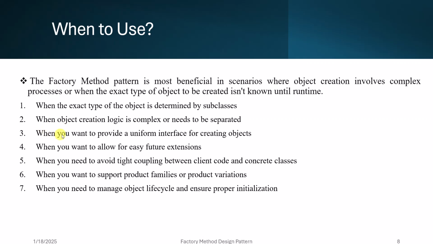The third one is when you want to provide a uniform interface for creating objects. If you want to ensure that all objects are created in a uniform way using a factory method, the base class can provide a consistent interface for creating products, even though different subclasses may produce different types of products.